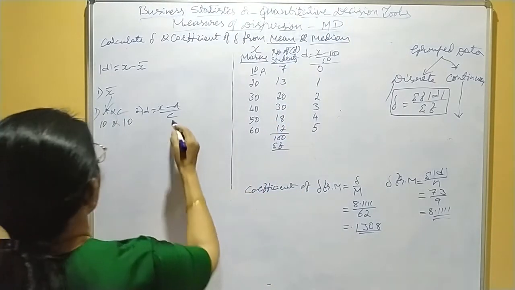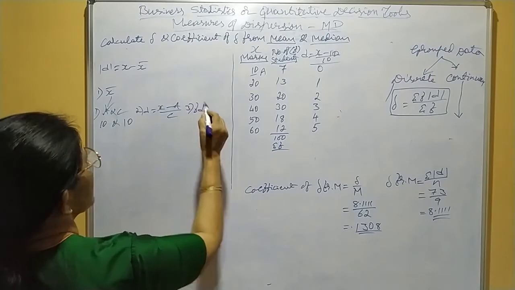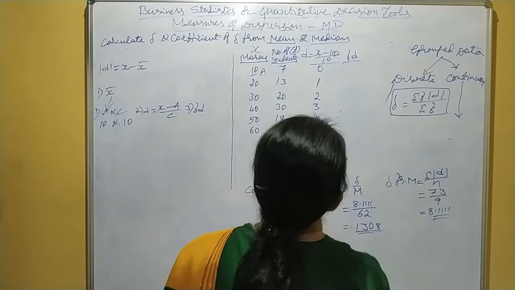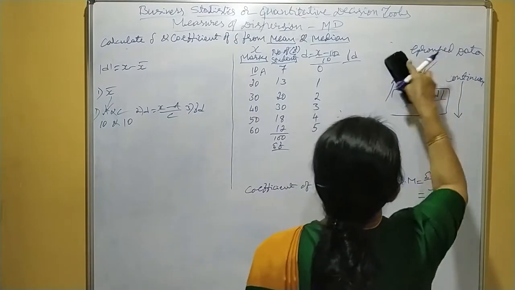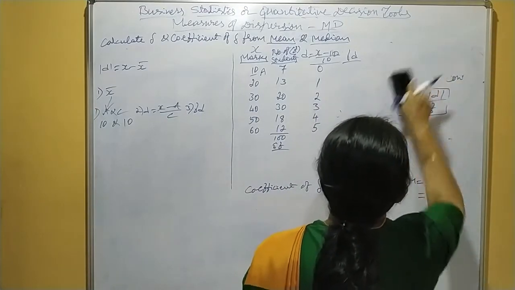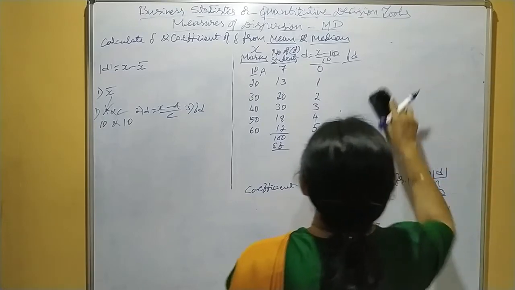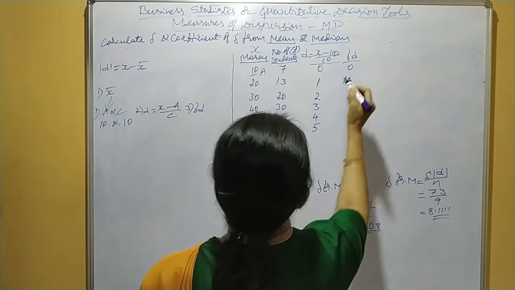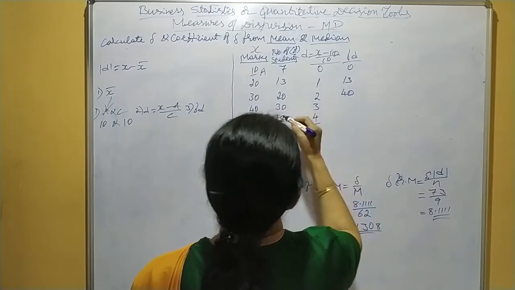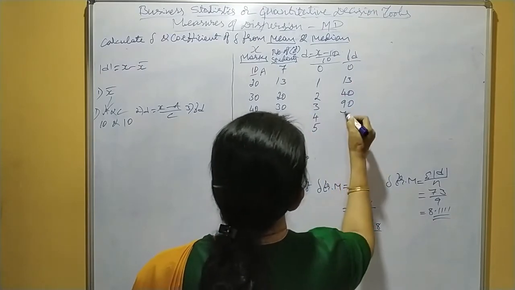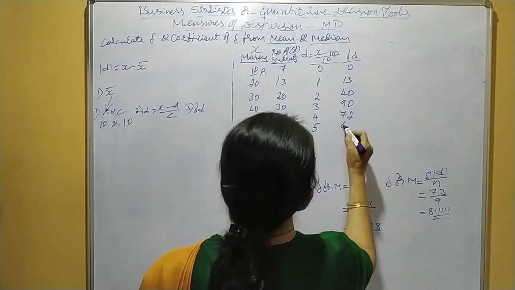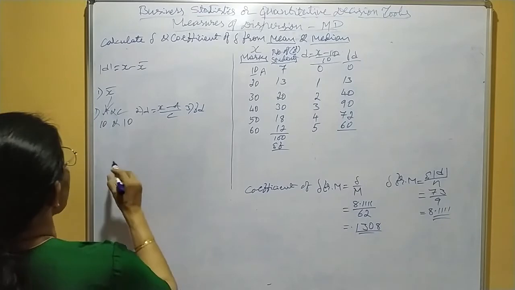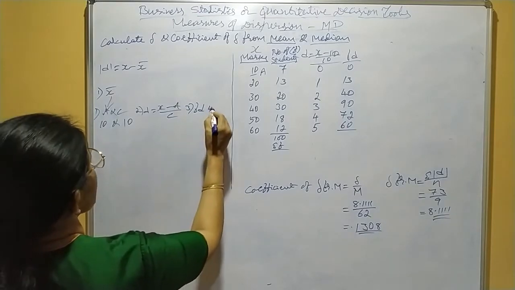Okay. Now third step is what? FD. That means F into D. We have to multiply F and D, that is frequencies and deviations. 7 into 0, 13 into 1, 20 into 2, 30 into 3, 18 into 4, 12 into 5. Okay. Now here to find out x bar, next step is what?